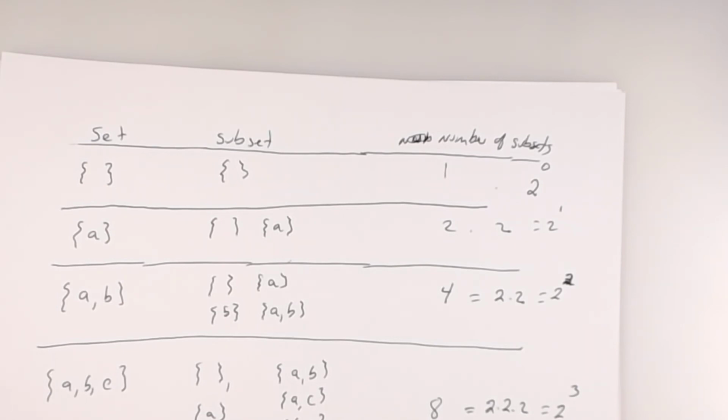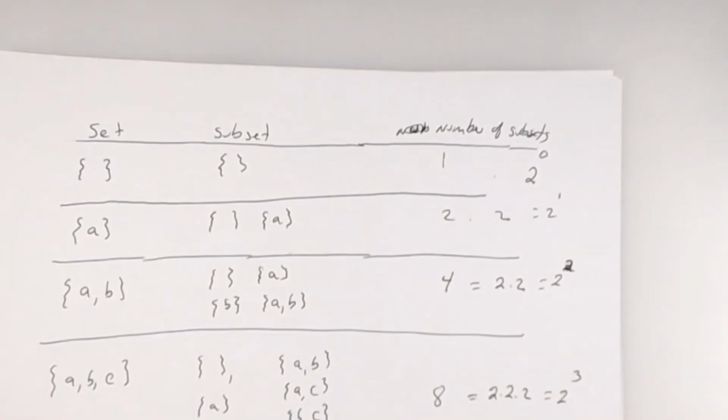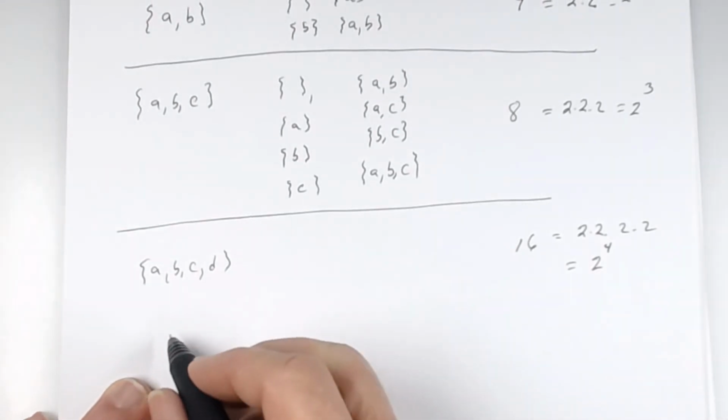Okay? All right, so there's a formula for that, and what was the formula? It's not 2 times the number of elements in the set. It's 2 raised to the power. So here's the idea.